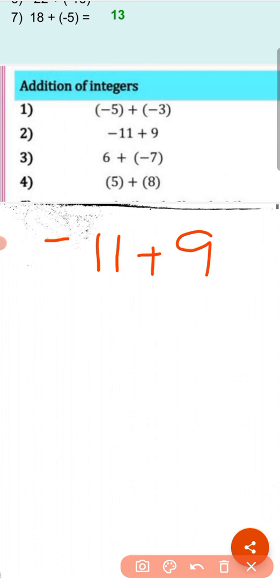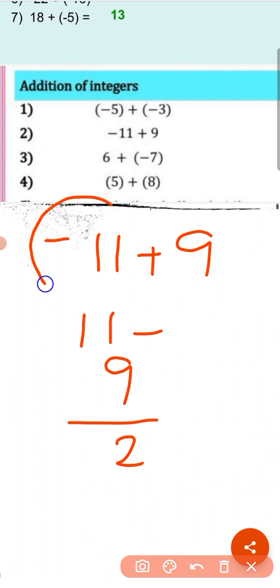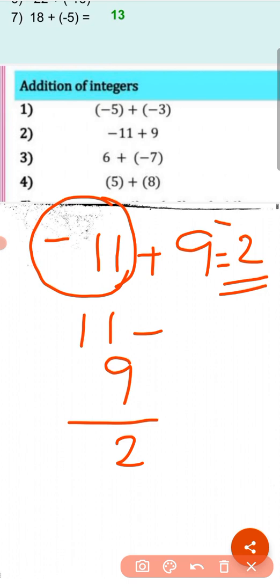Plus 9 means positive 9. So subtract the smaller number from the bigger number. 11 minus 9 is 2. Since our larger number is 11, it is negative also. So our answer is negative 2.